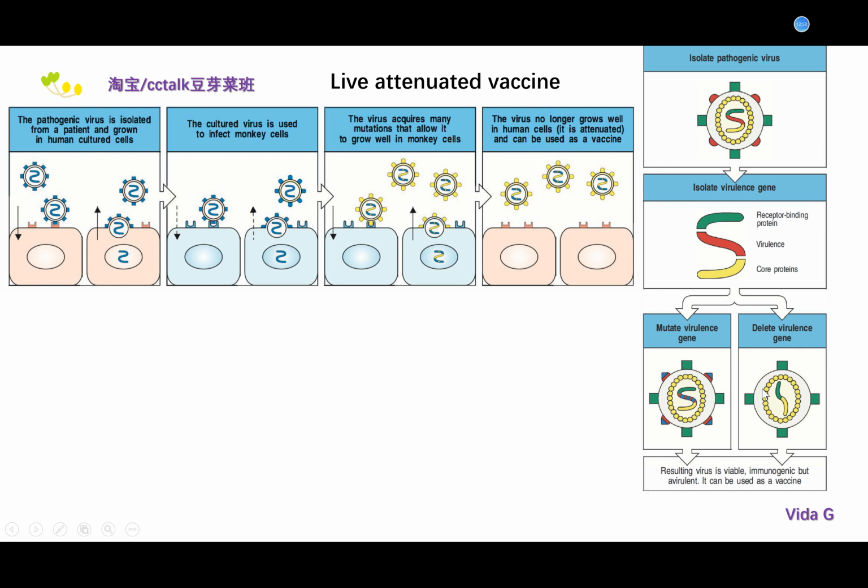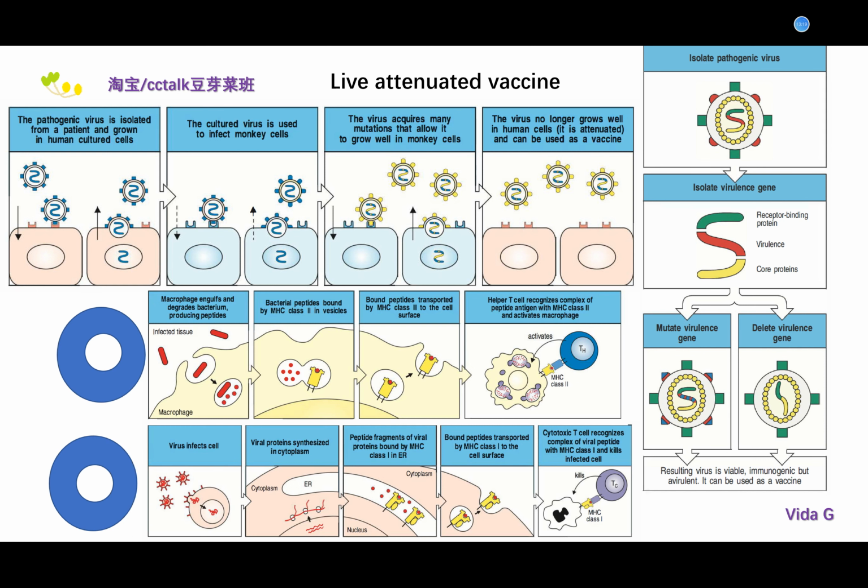These two kinds of virus will not be as toxic as the original virus, but they are still alive, still viable, which means the virus can still infect the healthy tissues, but is no longer that toxic. The live attenuated vaccine will go through both the MHC class 1 pathway and the MHC class 2 pathway.